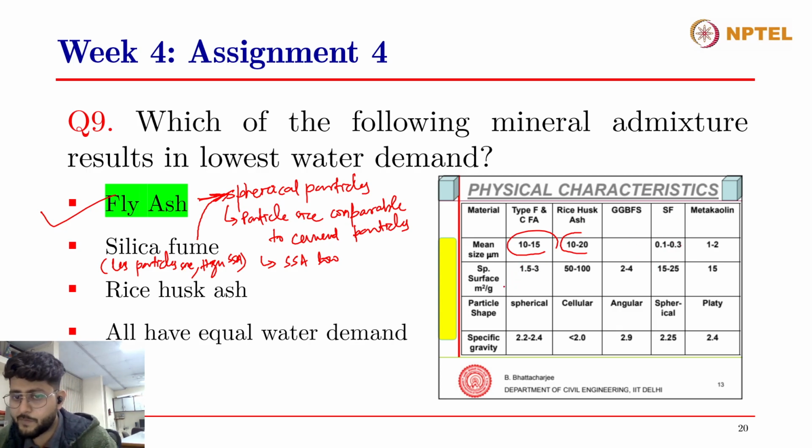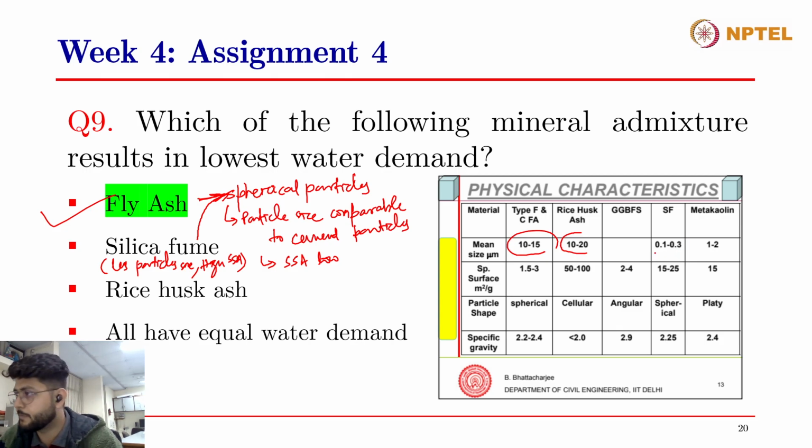When you talk about specific surface area, fly ash has a low specific surface area, ranging from around 1 to 3. Rice husk ash has the highest specific surface area, as we already discussed. GGBFS has a specific surface area similar to that of fly ash. Silica fume again has a high specific surface area, and this is due to the low particle size.